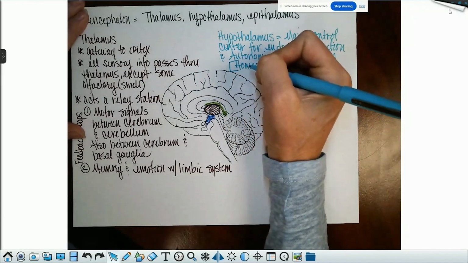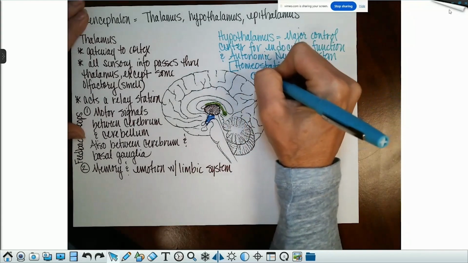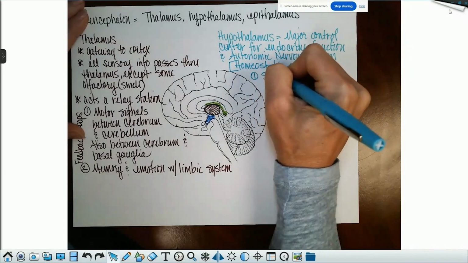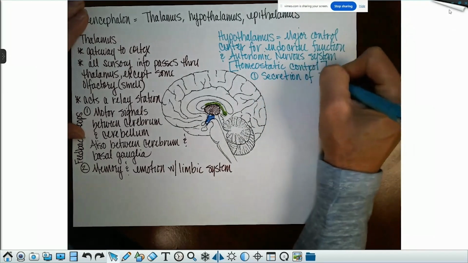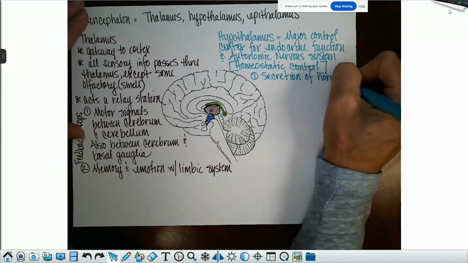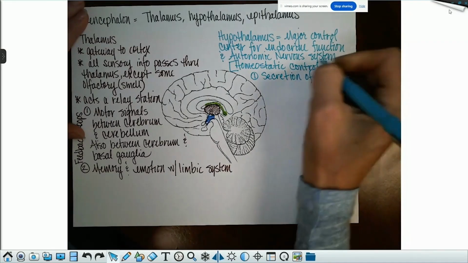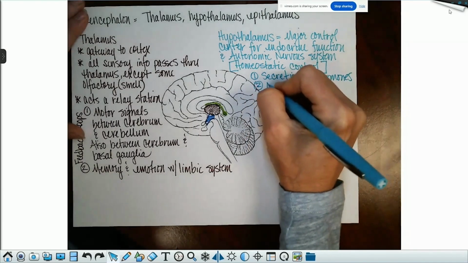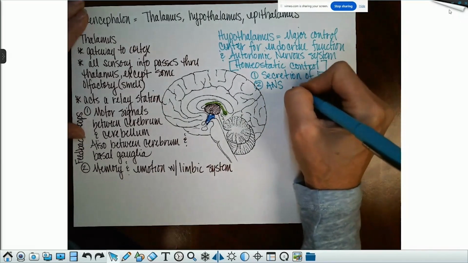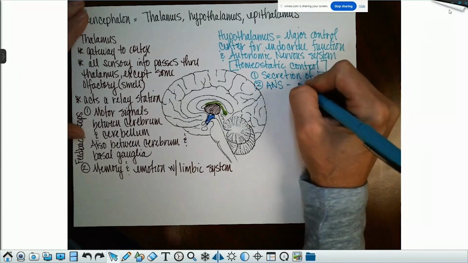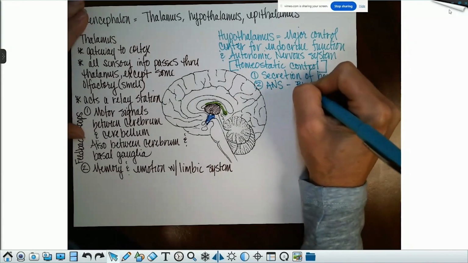Now, what does it do? Secretes hormones. I think that's given. Secretion of hormones, that's in the title. Autonomic system function. So it's going to regulate blood pressure.